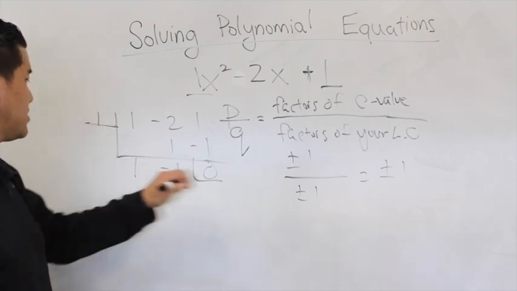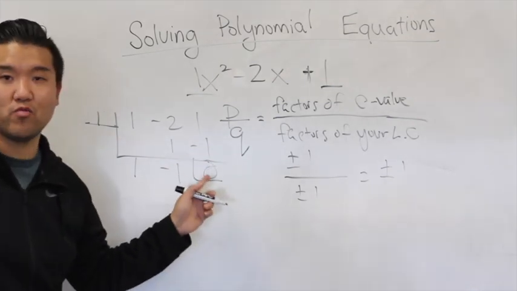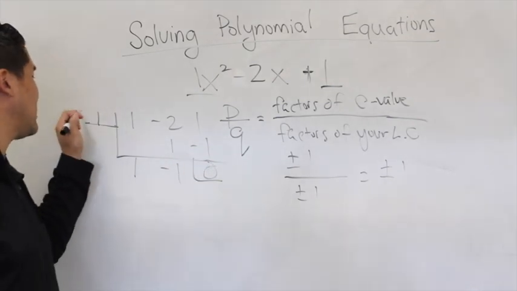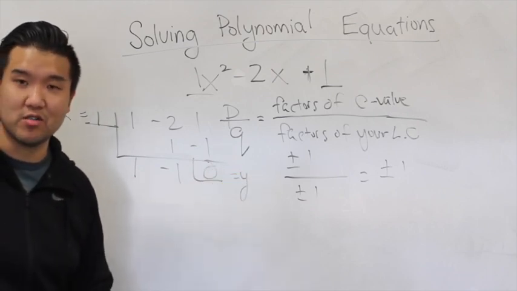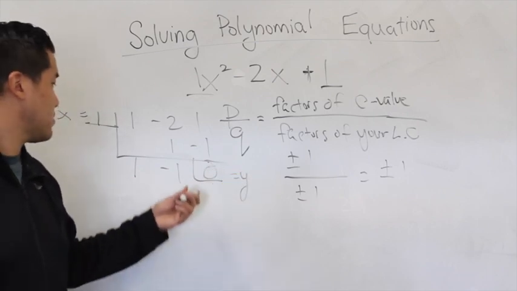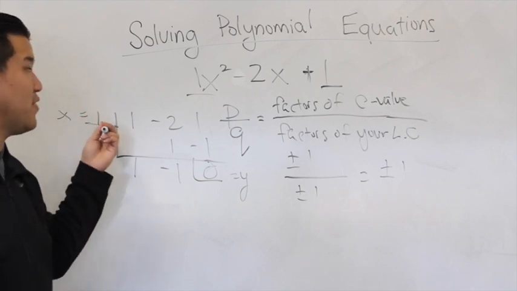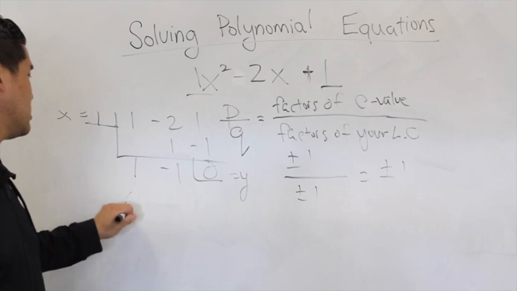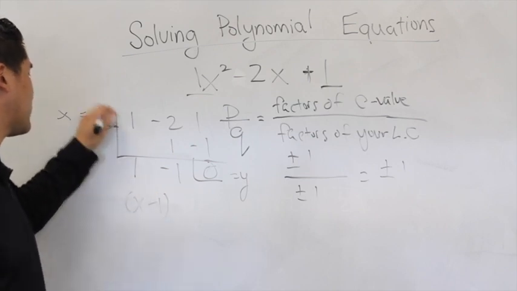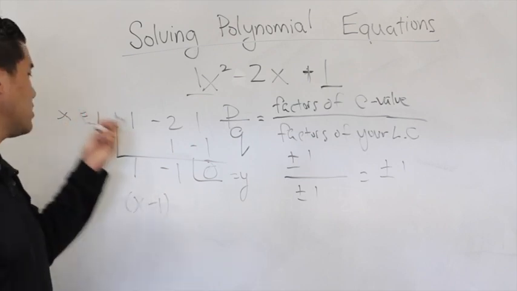Because you get 0 as your remainder, this guy is your x-intercept. This is the y value of the x-intercept, which is 0. That means if x is 1, my factor has to be x minus 1. So x minus 1 is a factor because we got 1 comma 0.